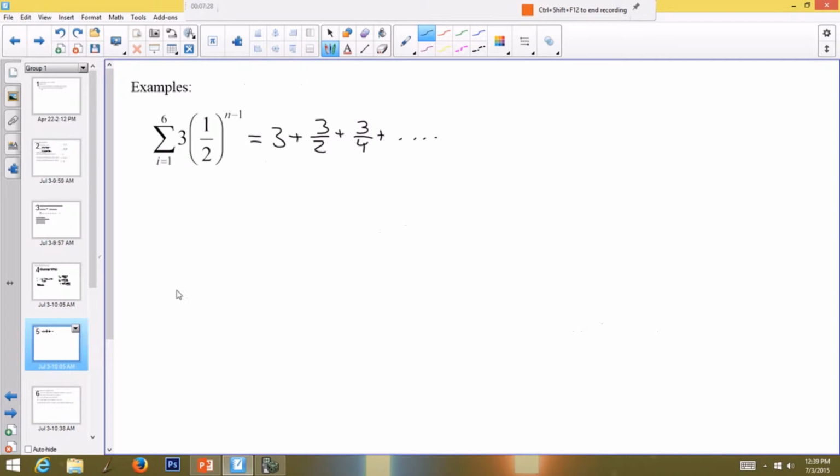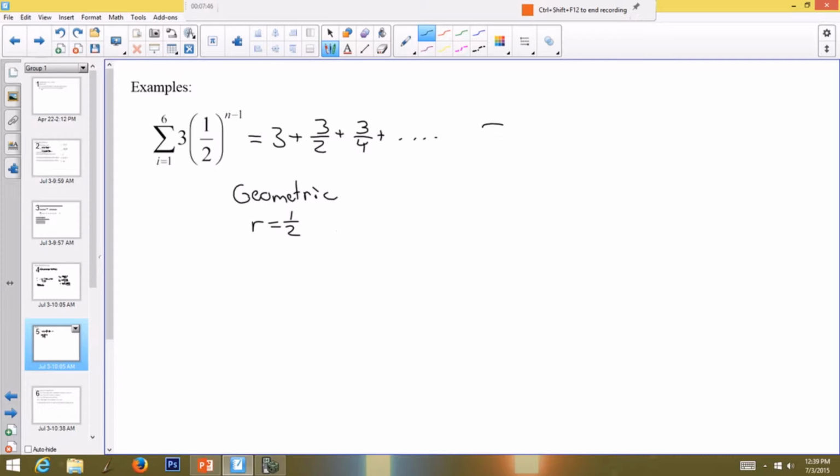And just as we're at it, I know that this is a geometric series because every time I go up, I multiply by the common ratio of 1/2.